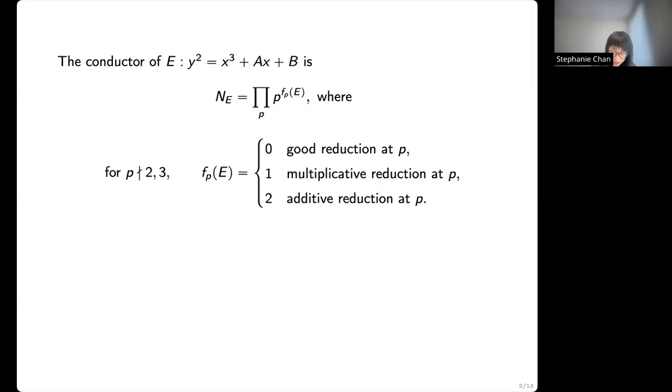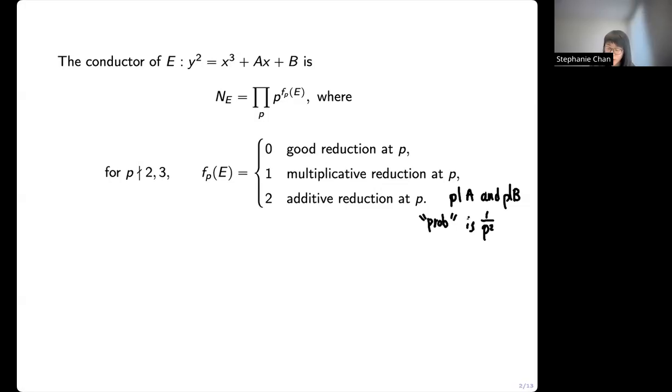In particular, for almost all primes, this elliptic curve would have good reduction. But at primes where there is bad reduction, usually it will be multiplicative reduction, because additive reduction occurs when P divides A and P divides B at the same time. Very roughly speaking, the probability of this happening is like 1 over P squared.